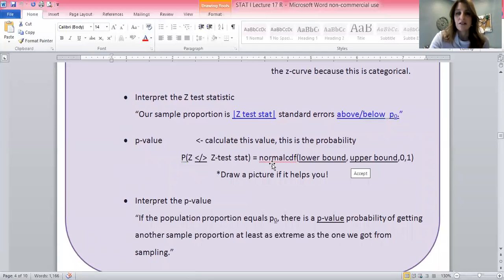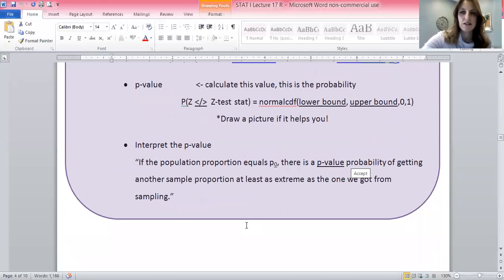Since we're back on the normal curve, it's going to be a normal CDF. I do lower bound, upper bound. Look at what I'm looking at, Z's. The Z curve has a center at 0, spread of 1, right? So I plug in 0 and 1 here. Again, draw a picture if it helps you out. And then my p-value interpretation is exactly the same. So let's take a look.